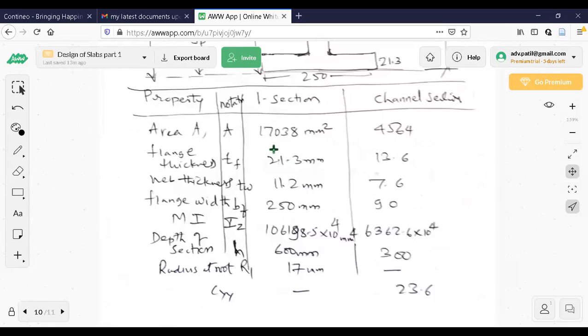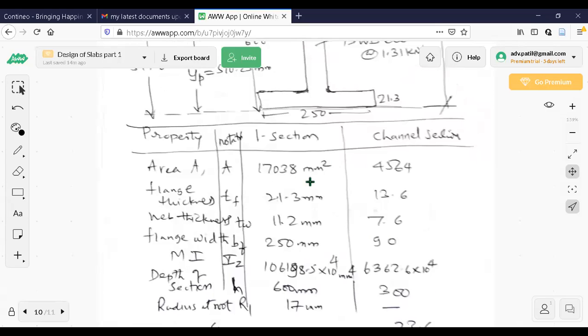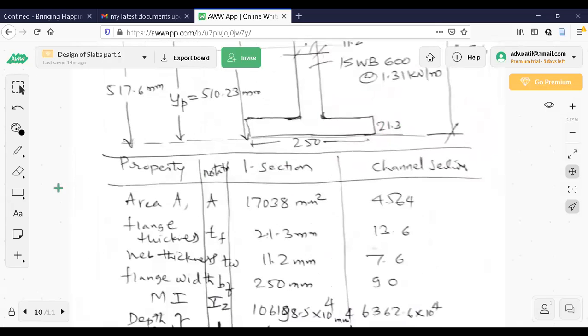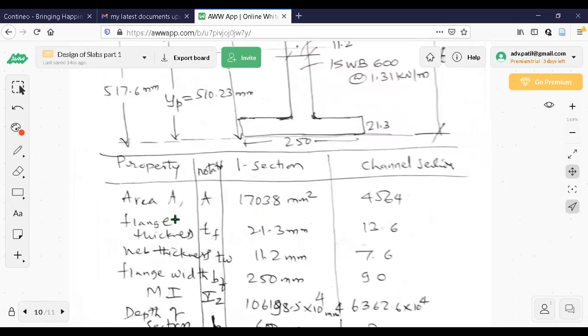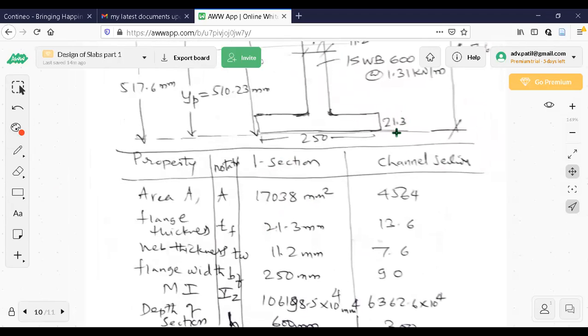Total area is given. This is all taken from the steel tables. So 17038 mm square. Then flange thickness is 21.3. See, this 21.3 is here. I'll just show you everything here. Now first is area, the total area of the I section, that is 17038. Then flange thickness, you can see this is the flange thickness.